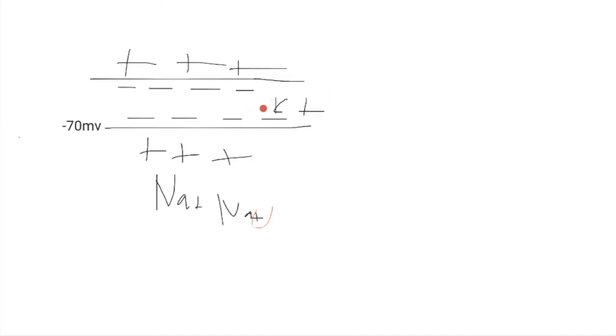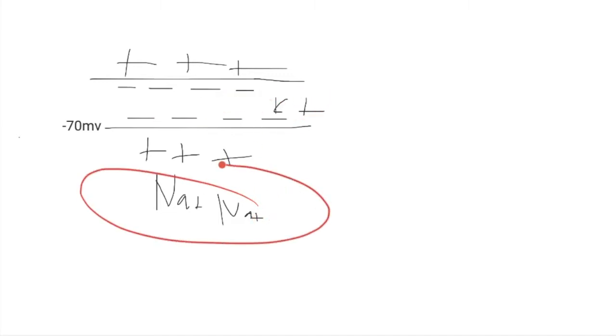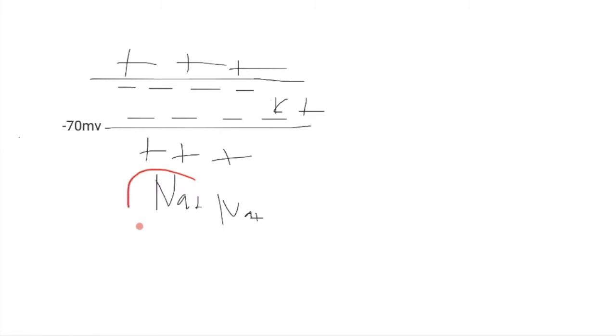How can it be negative inside? Well, just to clarify, it's because there's more positive Na plus ions outside than there is K plus ions inside. So it's more positive outside than it is inside. And the difference between these charges is about negative 70 millivolts. At this charge, we can call it the resting potential for the nerve.